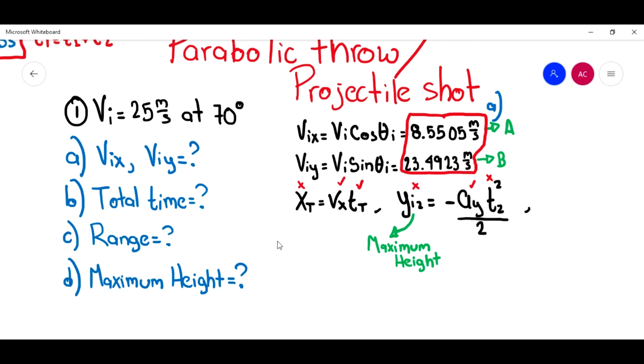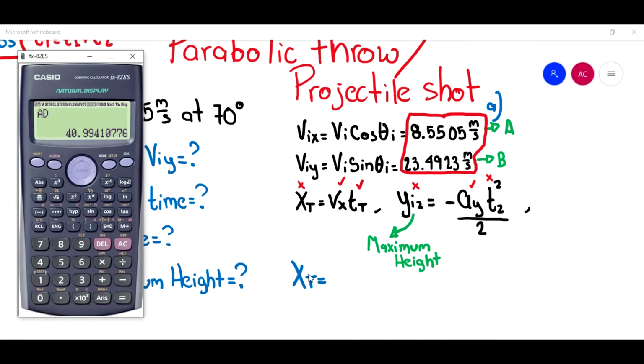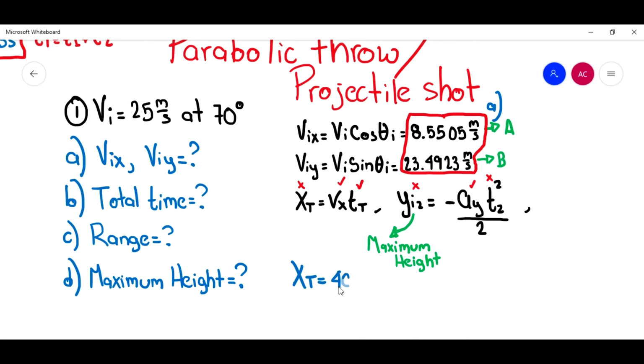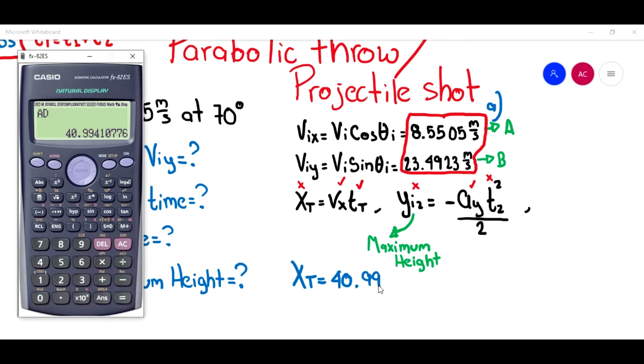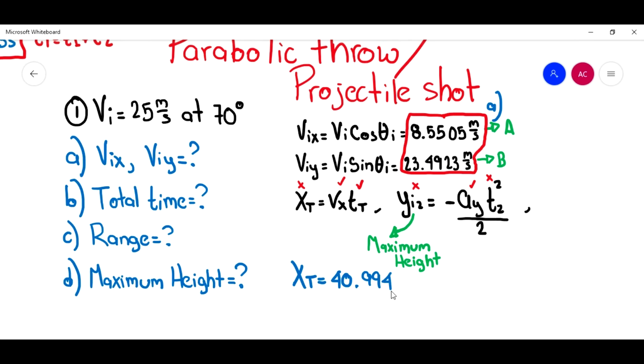I'm going to write it: total distance, final position, or range is going to be 40.9941 meters. I'm going to circle this answer, and this is letter C.